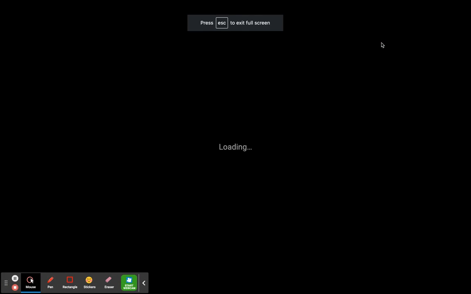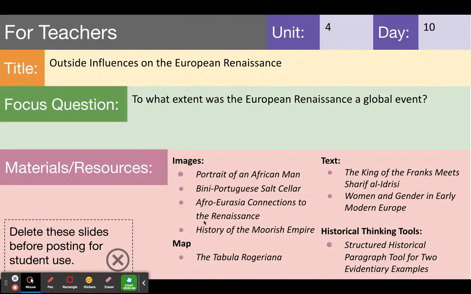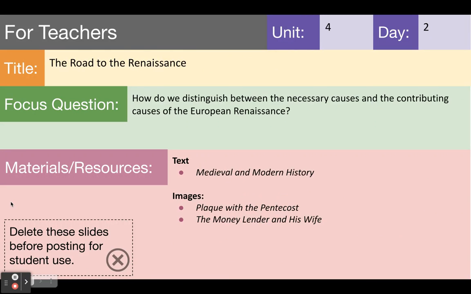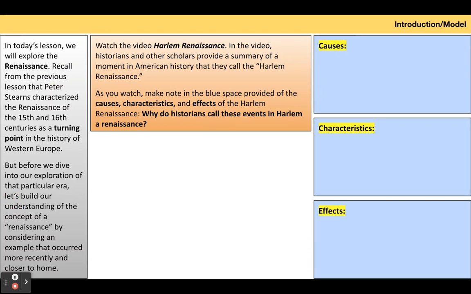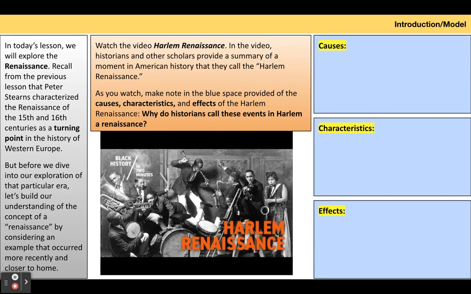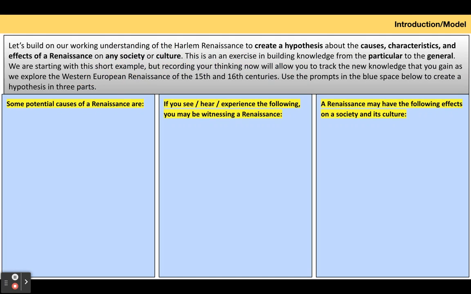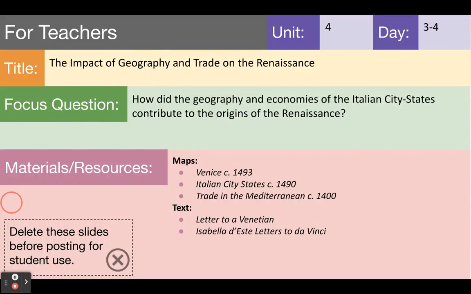there are other lessons throughout Unit 4 that highlight these significant groups and their contributions to the scientific revolution and the Renaissance. Days 2, 3, and 4 make thematic connections to the Harlem Renaissance and highlight the contributions of individuals of African ancestry.